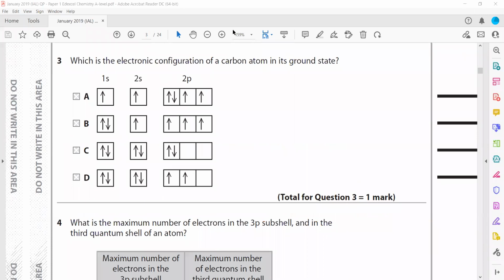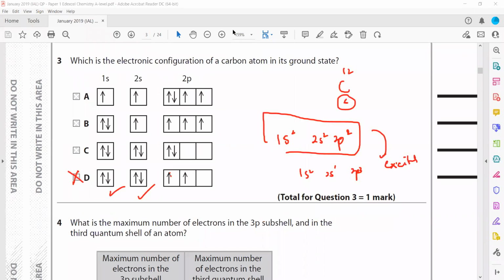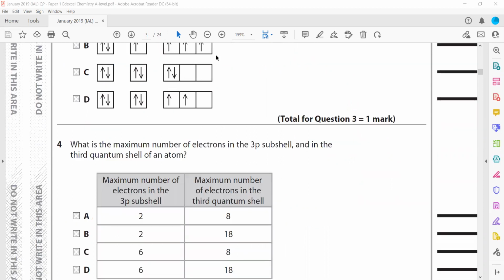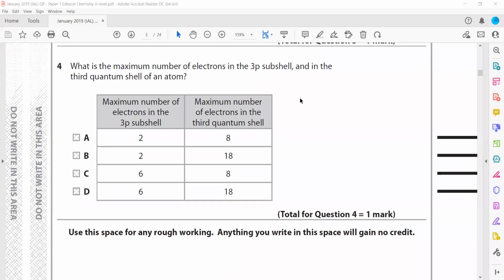If the same question was asked for the excited state, meaning when it is involved in bonding or trying to form a bond, then B would be the right answer. But as a ground state, when it is not involved in bonding, D is the right answer.